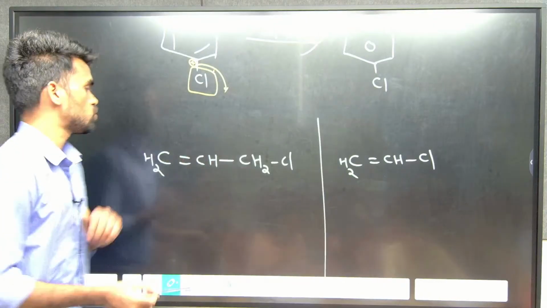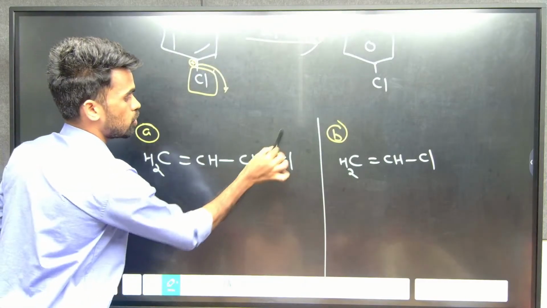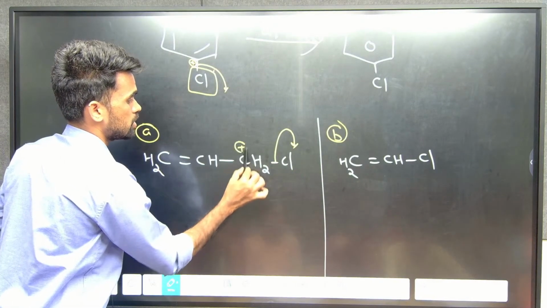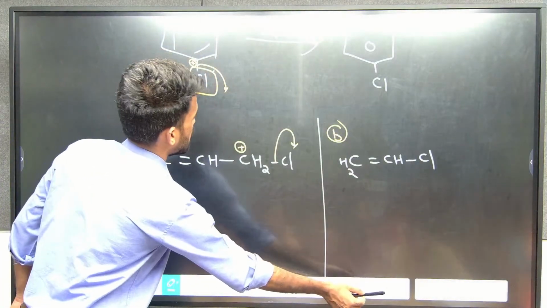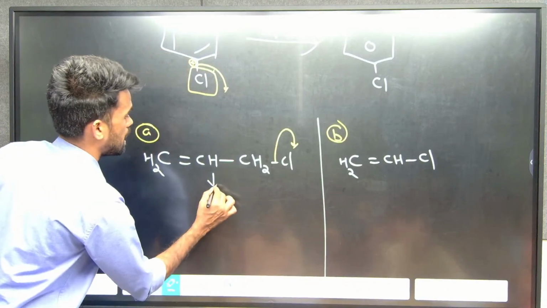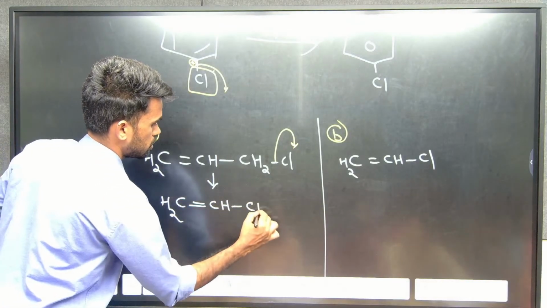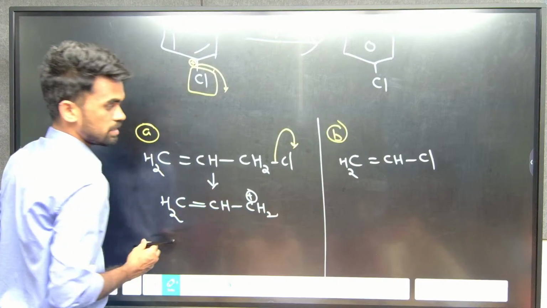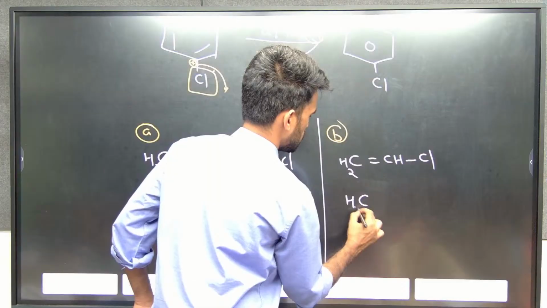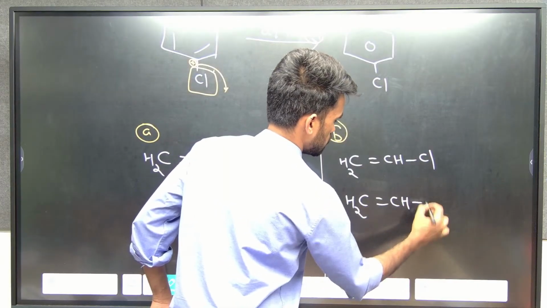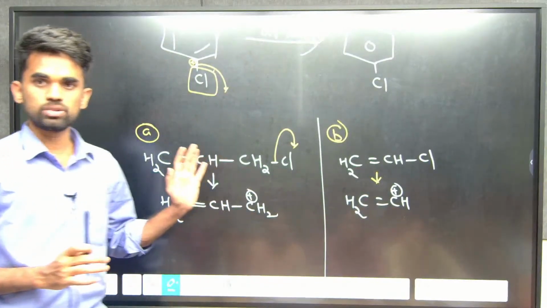Between these two, A and B, again they will give like this. If I remove this chlorine, where do we get the positive charge? On this carbon we get the positive charge. Yes or no? Now the carbocation generated is called allylic carbocation. Like this we get now. Here you remove chlorine, like this you get. Are these two things clear or not?